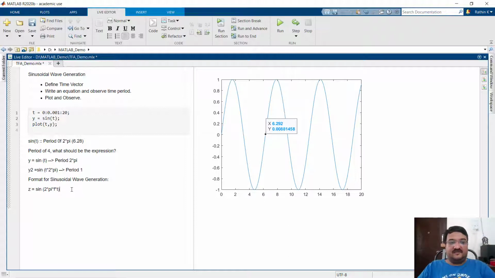Let's quickly realize this again in terms of code. I want to plot it here only, it will be better. So first I will hold this graph, so that I don't plot it in another separate graph, and I will plot z is equal to sine of 2 into pi into. As we mentioned, we want a period of 4.